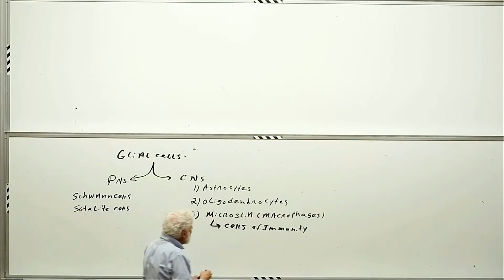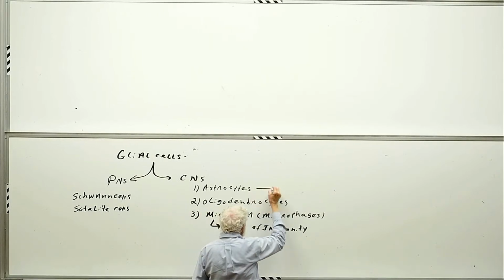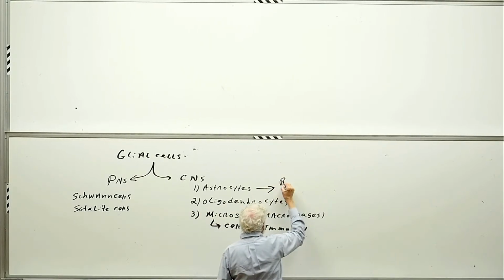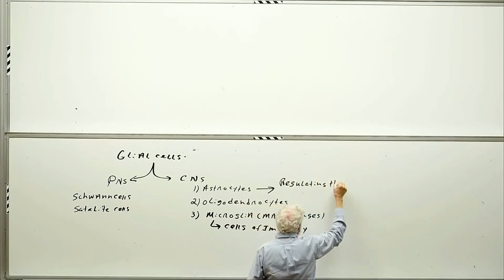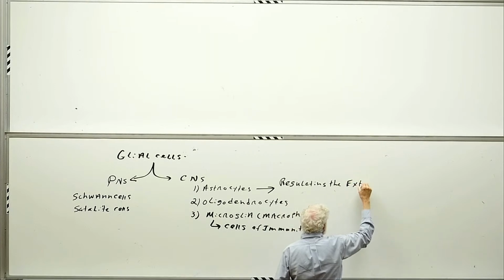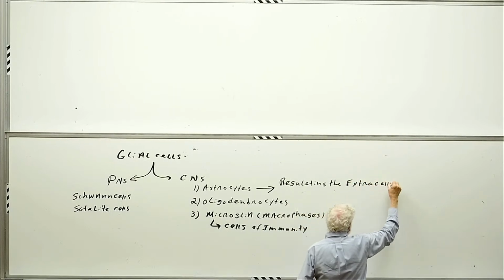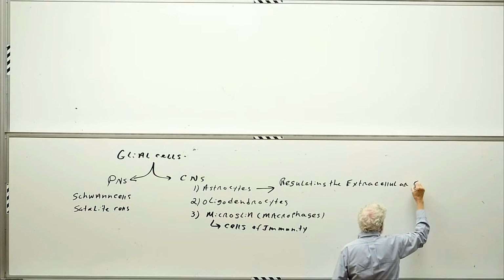Now, in the central nervous system, what the astrocytes are doing is they're regulating the extracellular environment.